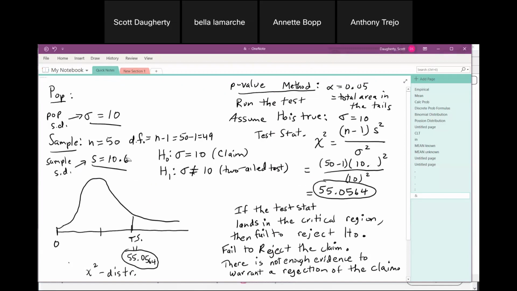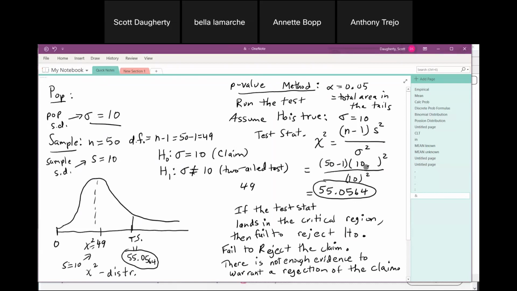Remember, I told you if S was 10, this should have been 49. So 49 is what I would say is in the middle. This happens when S is 10. S equal to 10 corresponds to 49, right?